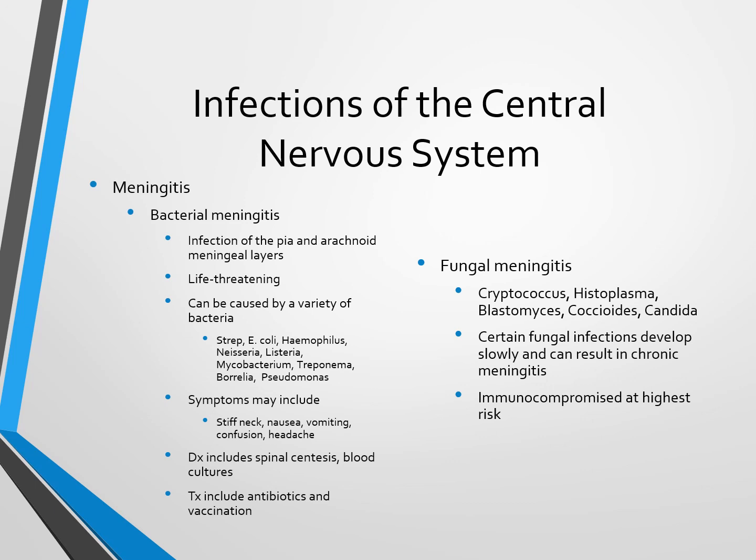Some common causative agents are Haemophilus influenza, Streptococcus pneumoniae, Neisseria meningitidis, and E. coli. These are normal residents that colonize the nose and the upper respiratory tract and the GI tract. And so as a result, they often infect the central nervous system, more likely when the individual is immunosuppressed.